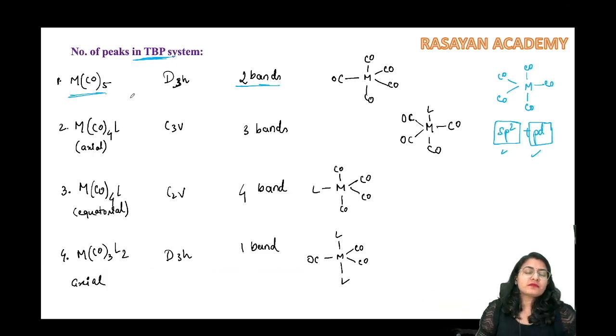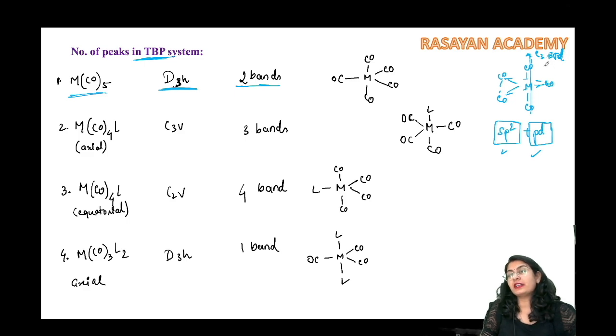The point group of the simple trigonal bipyramidal system is going to be D3h. Alright, because you can just visualize it like this. It definitely has a C3 axis over here, plus along with that, 3 sigma v planes, or I would write 3 sigma d planes.